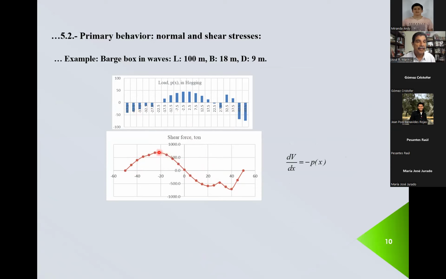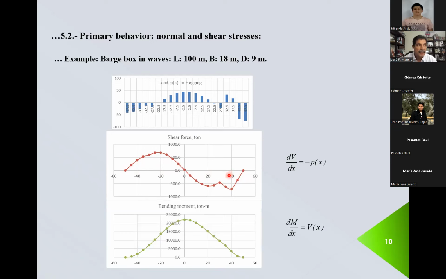You see that this area is positive and this area is negative, and more or less they look about the same. And it has to be like that. Why? Because when you integrate this, the result up to here has to be 0. That corresponds to the bending moment at the end. And that will give us very interesting things.